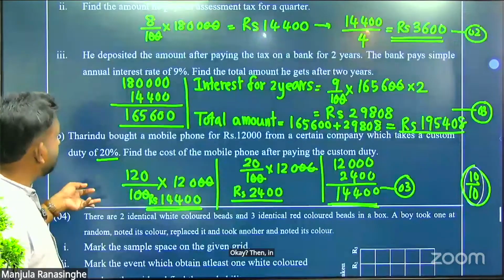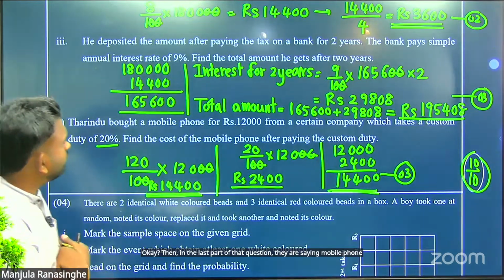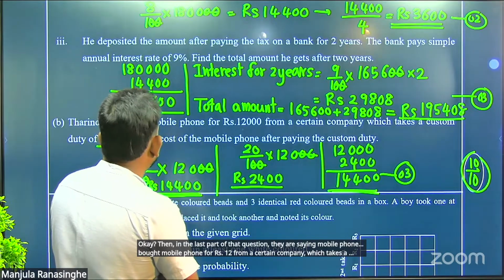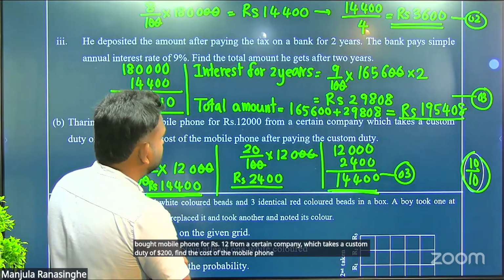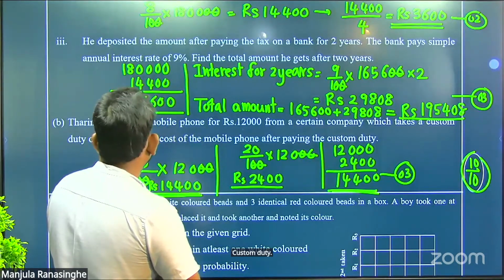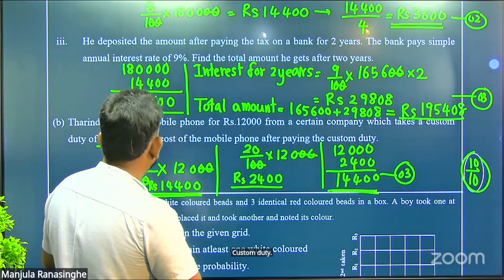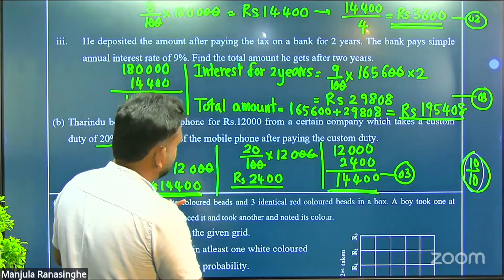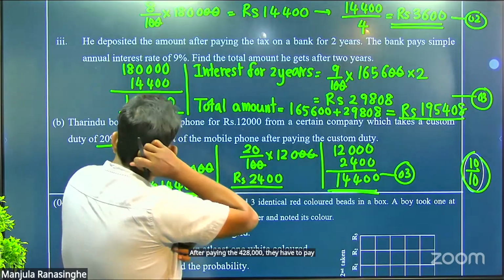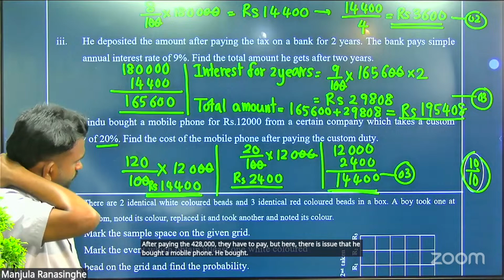Then in the last part of that question, they are saying Tarindu bought a mobile phone for rupees 12,000 from a certain company which takes a custom duty of 20%. Find the cost of the mobile phone after paying the custom duty. After paying, for 12,000 they have to pay. But here there is an issue that he bought a mobile phone for 12,000.